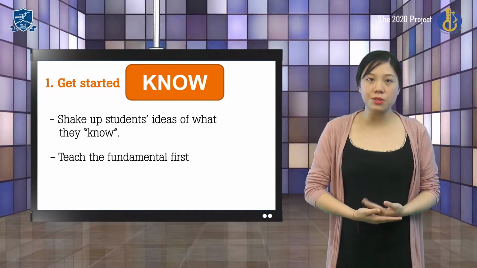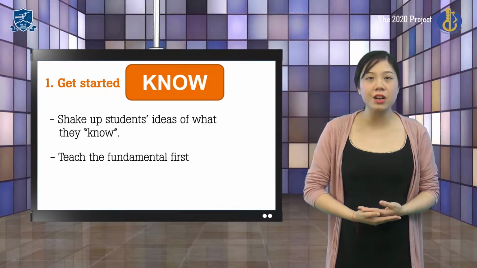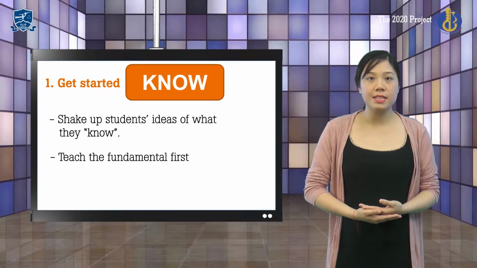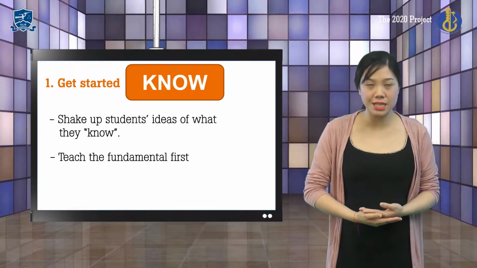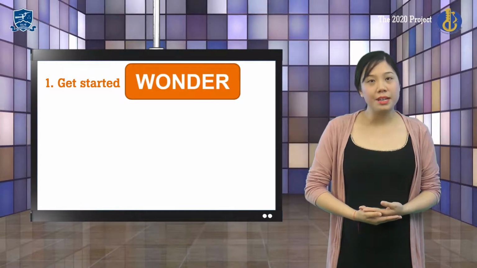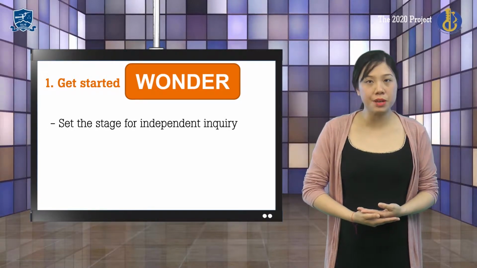Teach the fundamentals first. Before launching the projects, think about teaching prerequisite knowledge or skills students need in order to work with a degree of independence in their investigations. Wonder. Set the stage for independent inquiry.